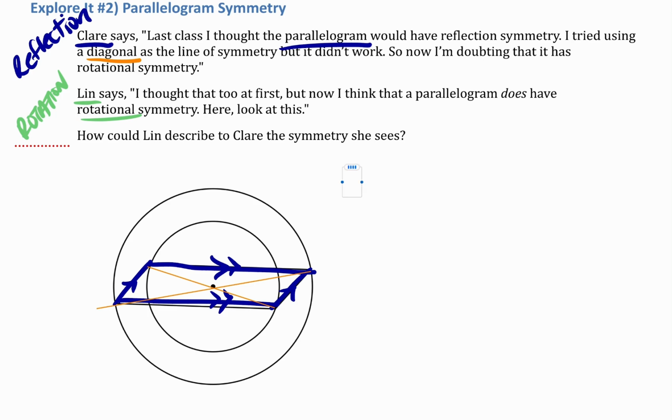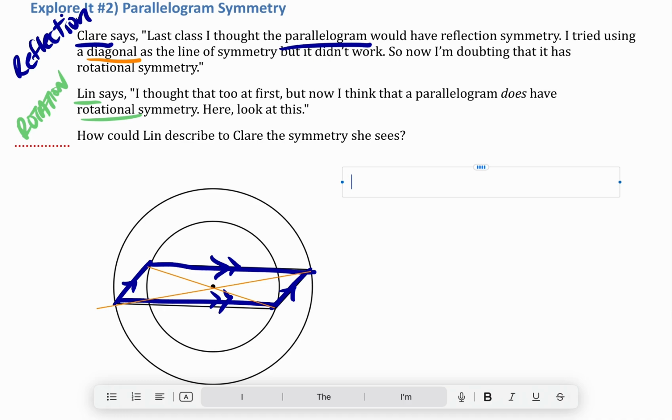So one possible response is that if you rotate the parallelogram, use a symbol for it, if you remember, 360 degrees around the center of the parallelogram, it would map onto itself. It basically would look exactly the same.